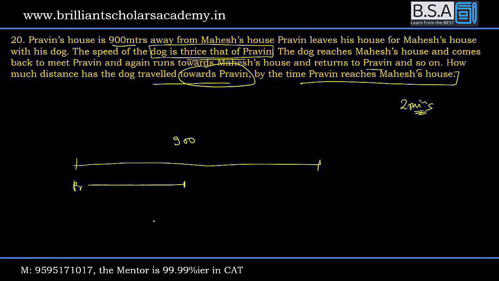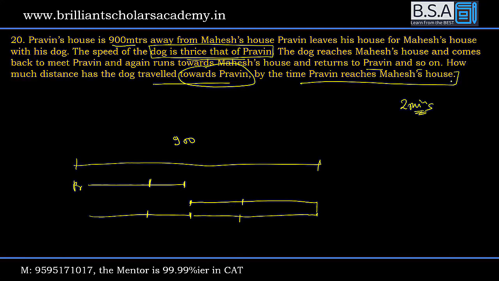The dog, please observe, the dog would have to go forward, and then turn back. Praveen will travel 1 unit of length and dog will travel 3 units of length. So do you observe what is the question? How much distance has the dog traveled by the time Praveen reaches Mahesh's house?